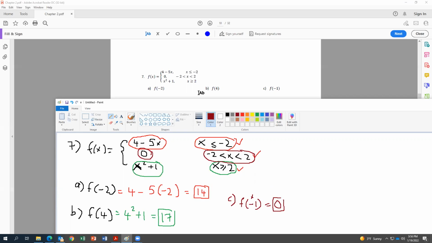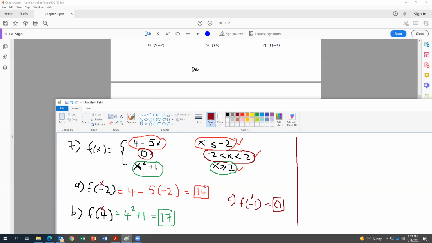So when you pick from this piecewise defined function, you have to look at the x values following the domain given here, and you only pick one option. It can be the first one, second one, or the third one, depending on the x value you have. Okay, so that is how we do question number 7. This is called a piecewise defined function.